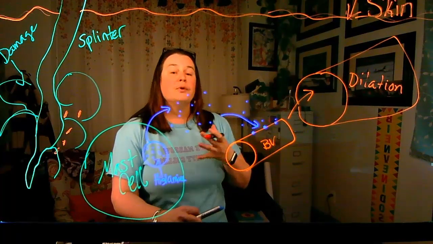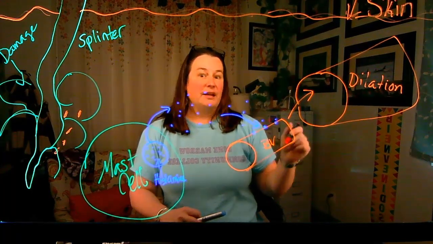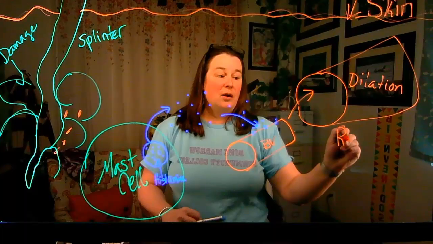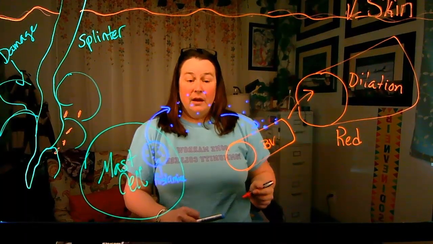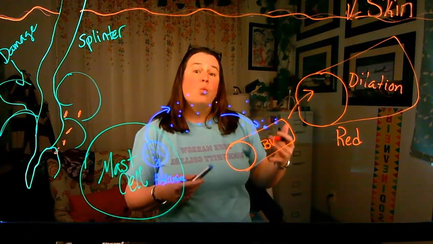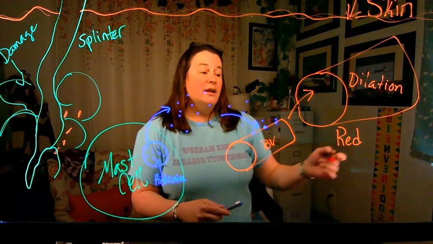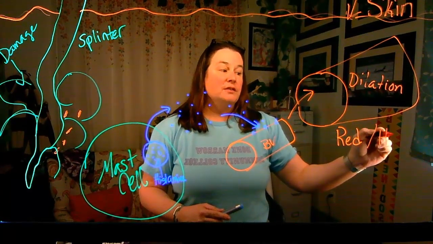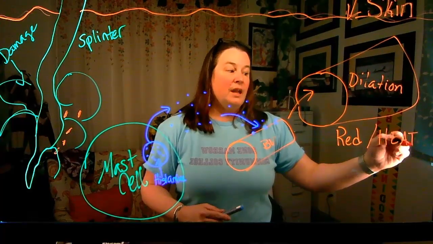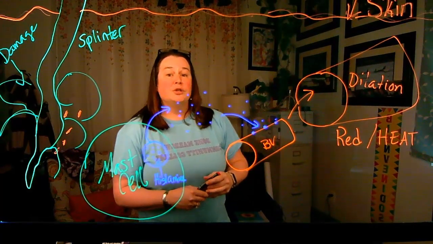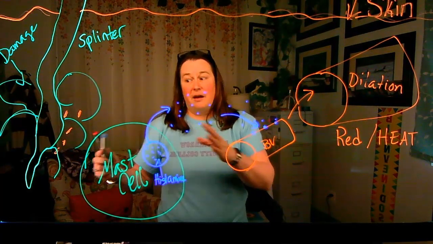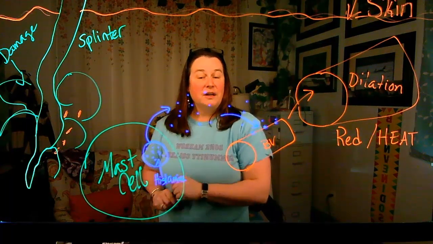Now that improved blood flow is going to help us with a couple of things. One, this area is now going to turn red. With increased blood flow, we're also bringing warm blood through this area, so we're going to start to develop heat in this area. Heat is a critical component to altering the ability of the enzymes of this microbe to function.